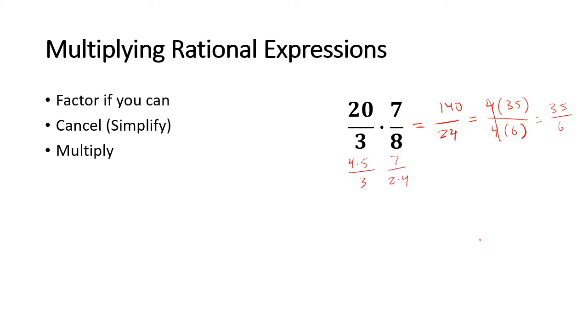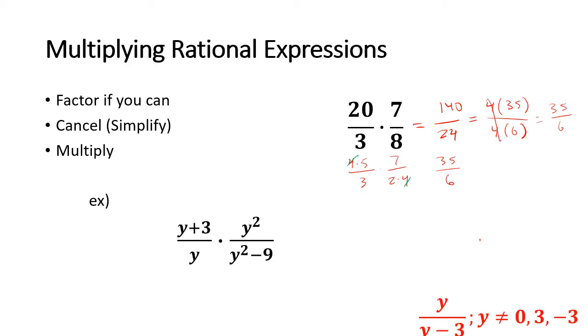And then what we can say is, oh hey, look, these both have a 4 in them. 4 divided by 4 is 1, so it's not going to be consequential to the answer to this multiplication problem. And then we can just say, all right, 5 times 7 is 35, and 3 times 2 is 6. So we're factoring smaller numbers, canceling, and then multiplying. It can be really helpful.